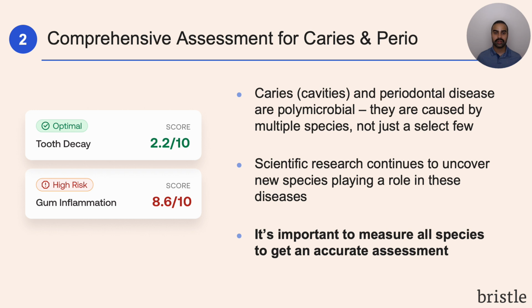You're getting a measurement of all of the species that can be contributing to caries and periodontal disease. And as research evolves and continues to uncover different dynamics between these species or even net new species that play a role in these diseases, we can easily incorporate those insights into our risk scoring because we're already detecting them.